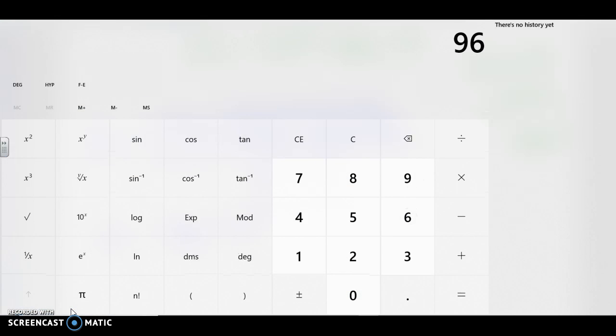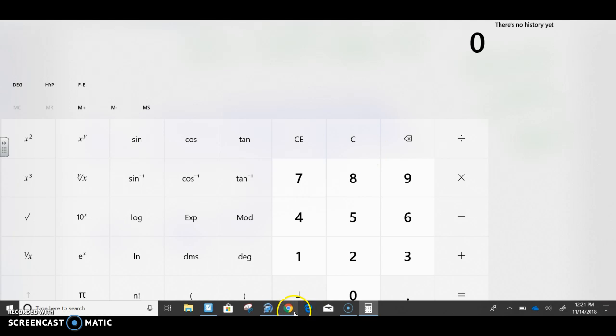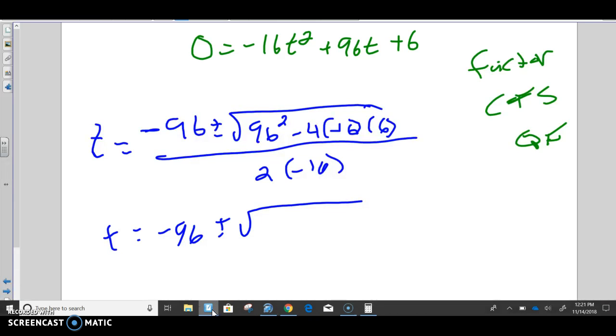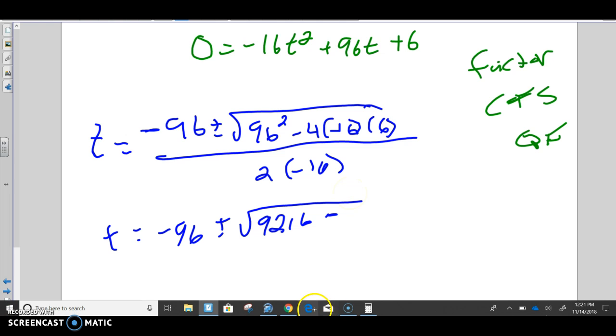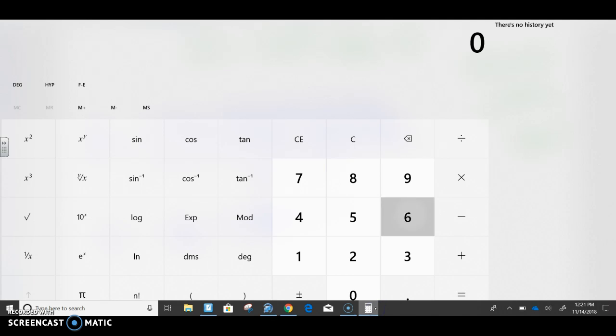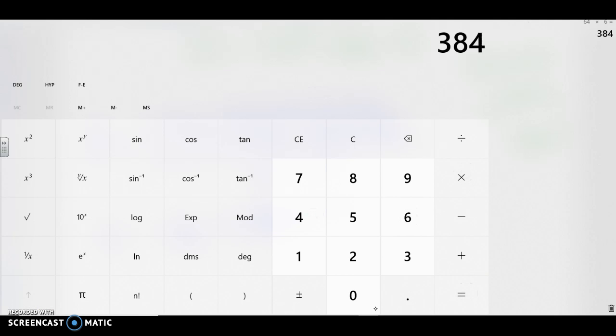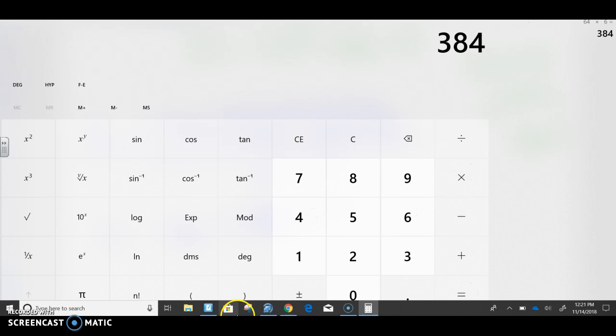So 96 squared is 9,216. Four times 16 is 64. 64 times 6 is 384.